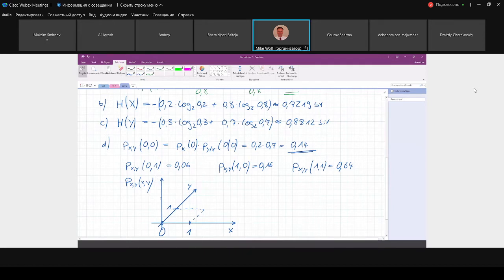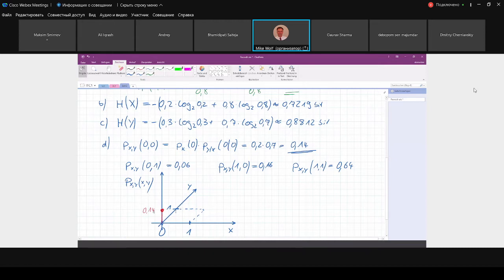So let's say 0.14 is this height, approximately. Then we have x is 0 and y is 1.